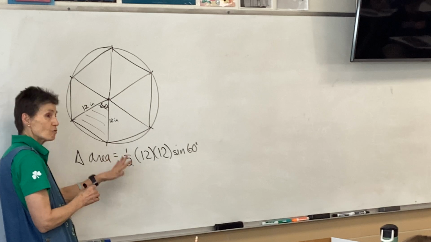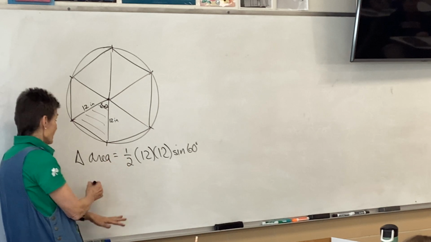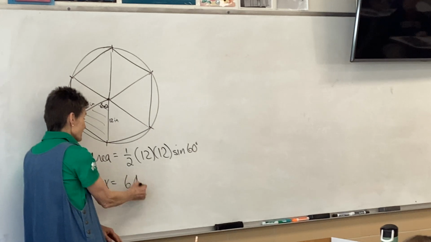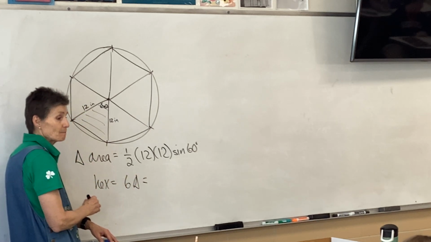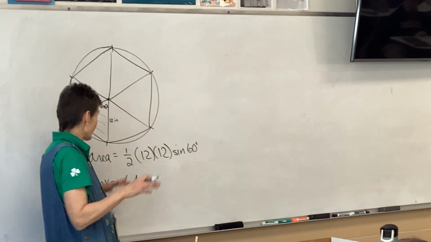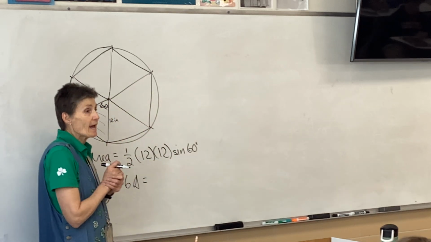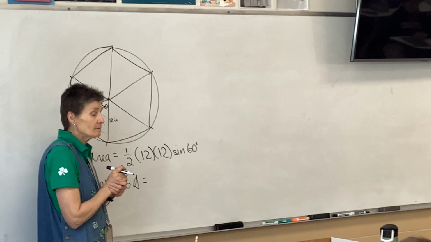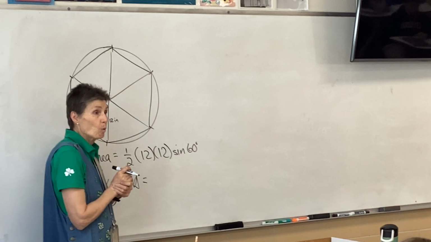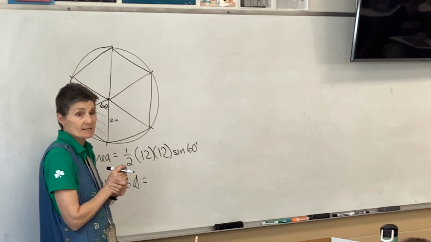Now that's the triangle. The hexagon will be 6 times the triangle, right? So let's type it in. 1/2 times 12 times 12 times sine 60.